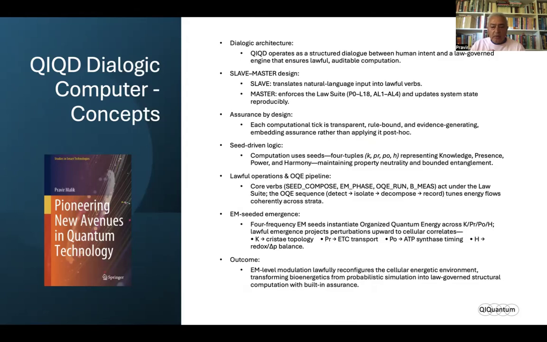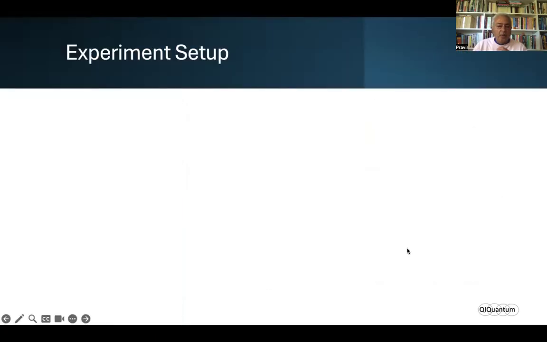And the outcome, as this embodiment shows, based on the laws and rules of QIQD, is that the EM level modulation lawfully reconfigures the cellular energetic environment and essentially transforming bioenergetics from probabilistic simulation into law-governed structural computation.